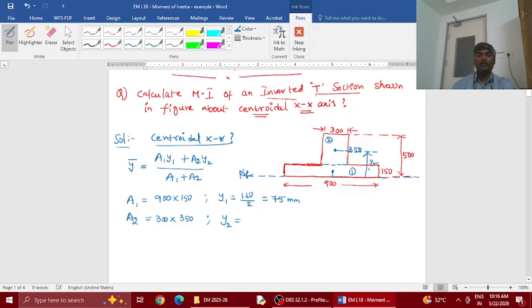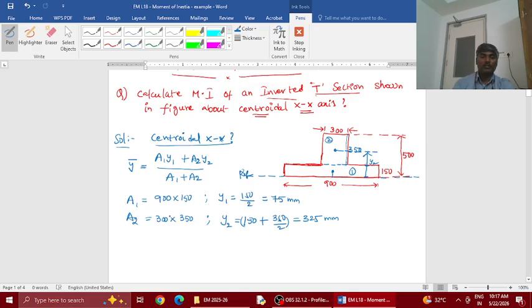From here to here it is 150, plus half of this 350. So 150 plus 350 by 2 is the y2 value, which works out to 325 mm.